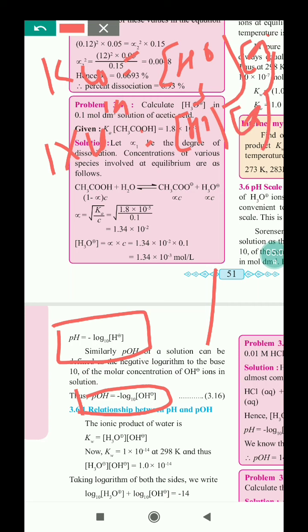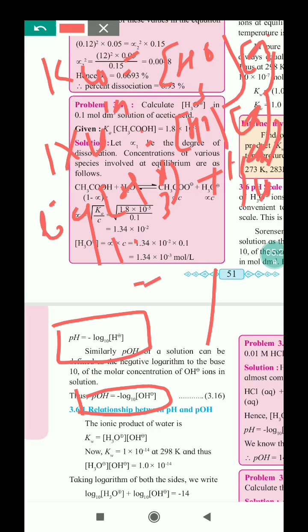Taking log of both sides to the base 10, we have log of hydronium ion, that is hydrogen ion concentration, plus log of OH ion concentration is equal to minus 14. Log 10 is equal to 1.